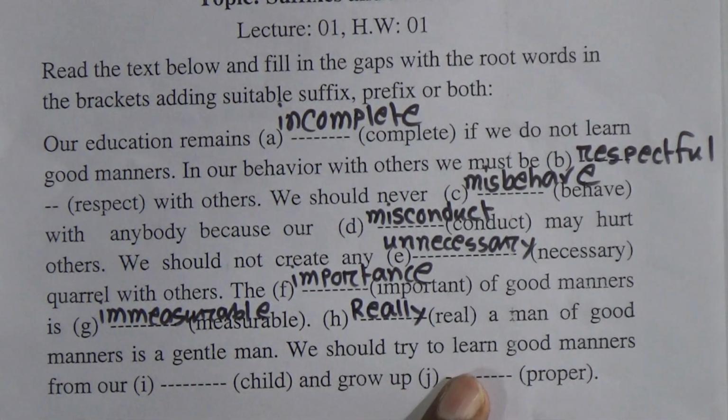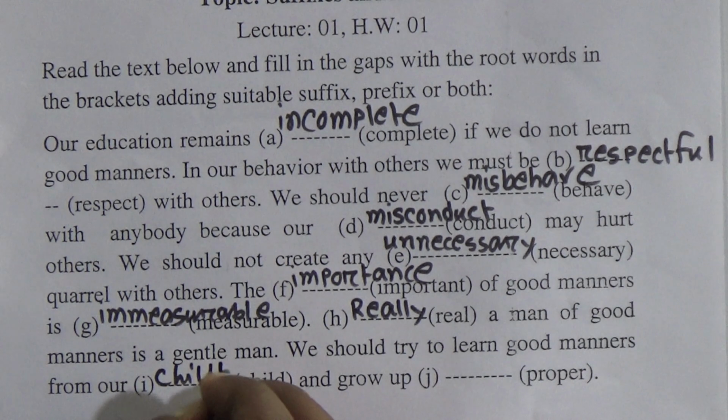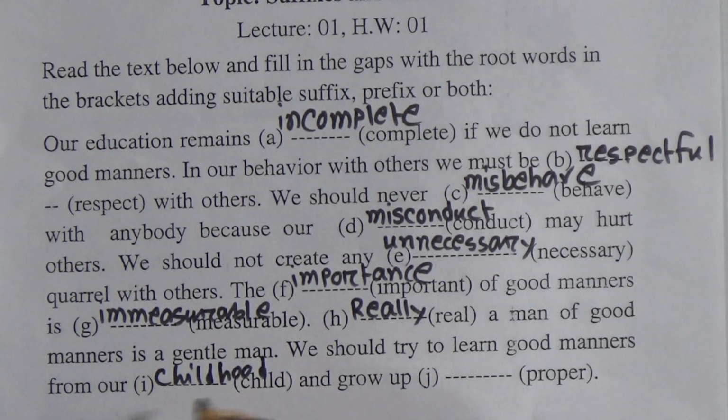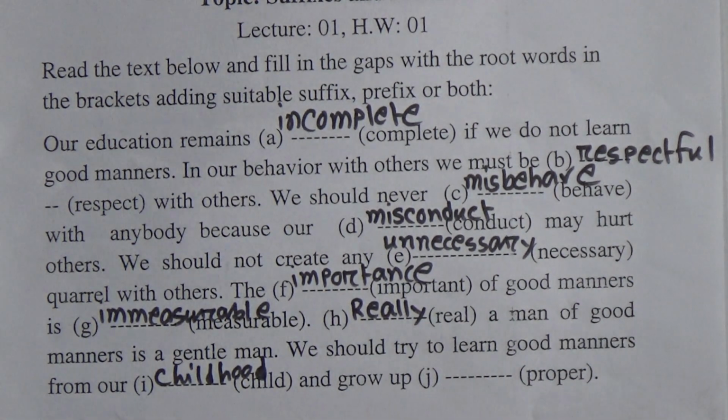We should try to learn good manners from our dash. So look here, from our dash, what will be the noun of this word child? It will be childhood, boyhood, friendhood, like this one. This childhood. After this possessive our, we will use the noun word.